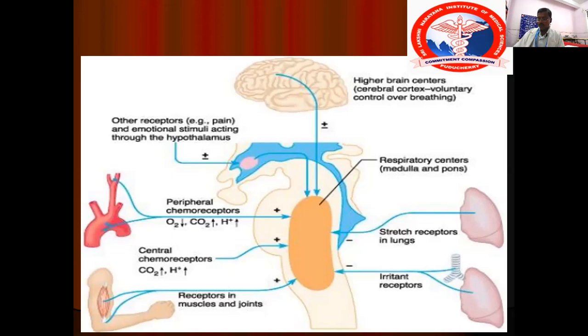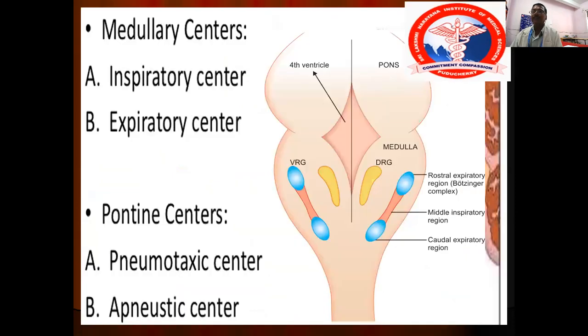Under the nervous regulation, the first centers are known as the higher centers, which is nothing but the cerebral cortex. The cerebral cortex will control the respiration whenever it goes high or low. It will bring the respiration back to normal within a brief period of time, and then it will escape from the effect quickly.